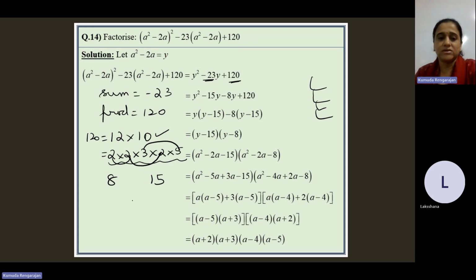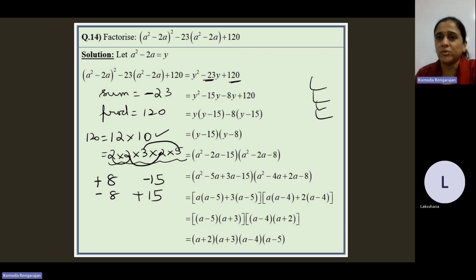Now fix the signs. The sum is negative, and if the sum is negative, then both have to be negative, right? Only then you'll get 23. Because if they take opposite signs, then you will subtract. You will not get 23 when you give opposite signs, plus 8 and minus 15 or minus 8 and plus 15; you would have to subtract the two numbers.